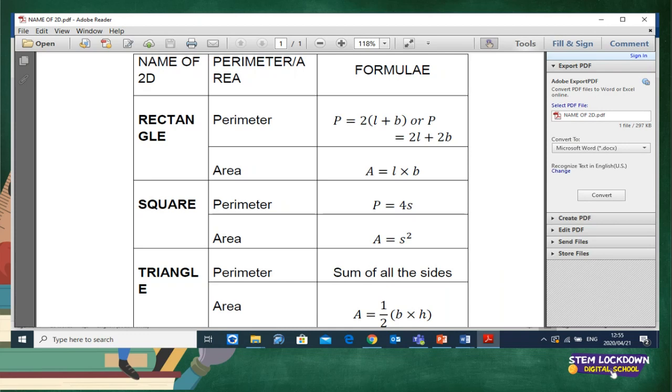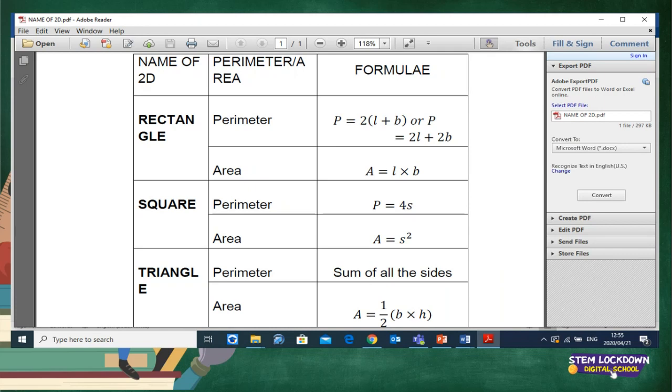As we have always said, the perimeter is defined as the distance around the edge of the shape. So you've got 4 sides in a square. That is why the perimeter is 4S, or 4 sides. You add them together, or you simply multiply each side by 4.